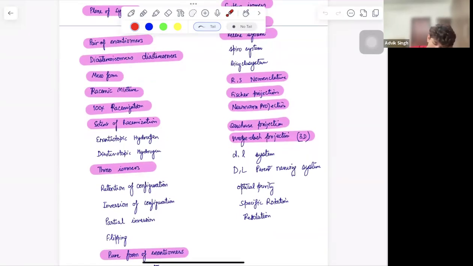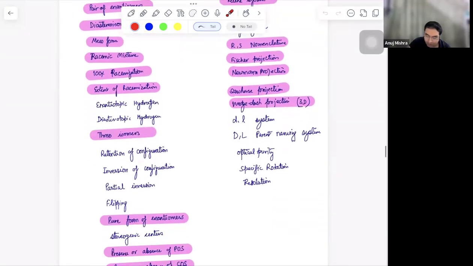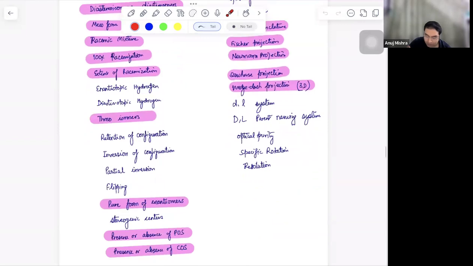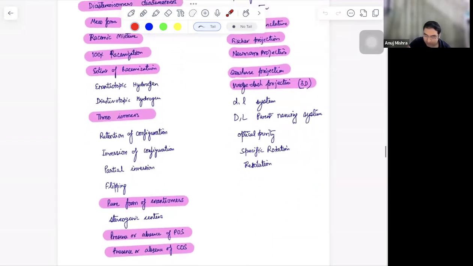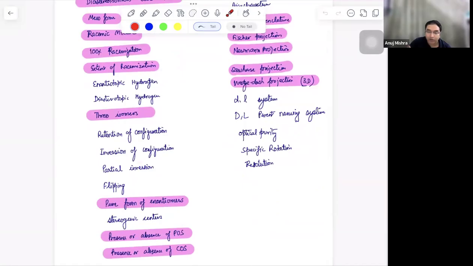So flipping and what is that? So flipping, pure form of enantiomers. Stereogenic centers. Presence or absence of POS, presence or absence of COS. 1 minute.